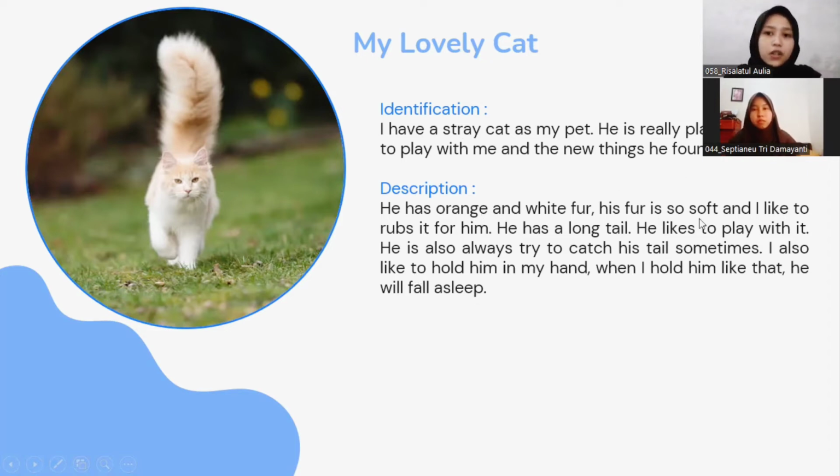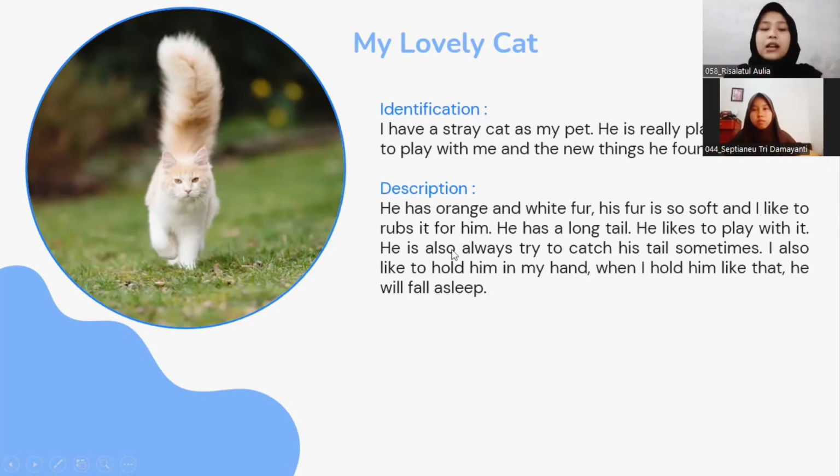His fur is so soft, and I like to rub it for him. He has a long tail. He likes to play with it. He is also always trying to catch his tail sometimes. I also like to hold him in my hand. When I hold him like that, he will fall asleep.